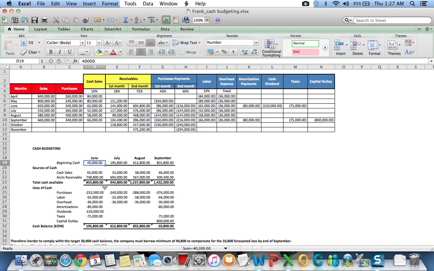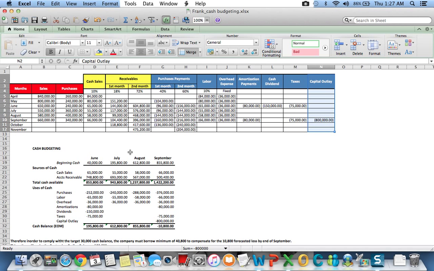As we already identified the given information: cash sales, accounts receivables, purchases, labor, overhead, amortization, dividends, taxes, capital outlay.